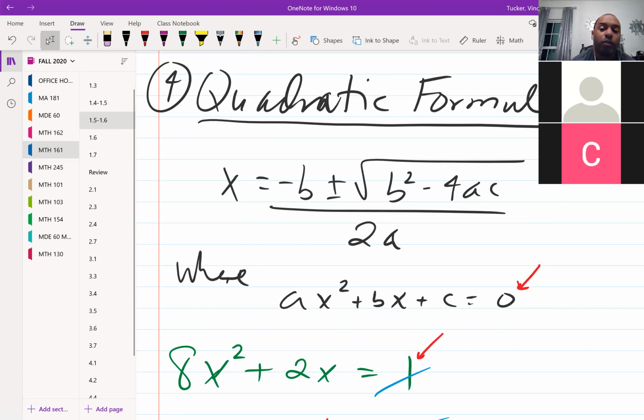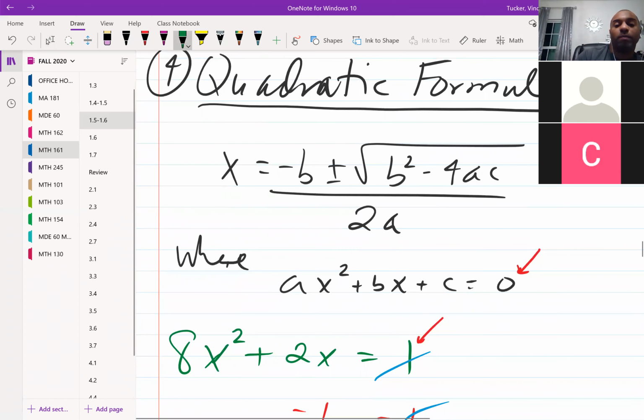Once you've done that, you can pick out what a, b, and c are and plug them into the formula, which is negative b plus or minus the square root of b squared minus 4ac all over 2a. So as long as you have one side set equal to 0, you can go ahead and do that. If not, make sure you set it equal to 0 first, and then go ahead and plug into the formula.